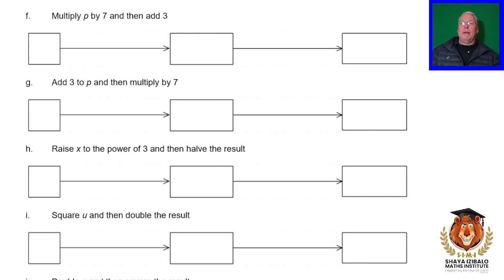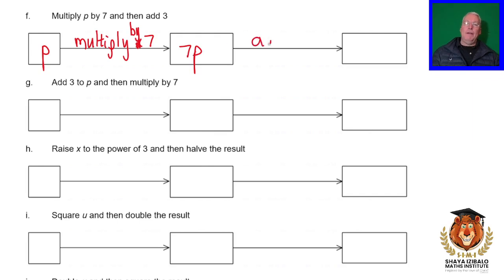Okay, multiply p by 7 and then add 3. P times by 7, multiply by 7. Multiply by 7, sorry. 7p. Add 3. 7p plus 3. Alright.